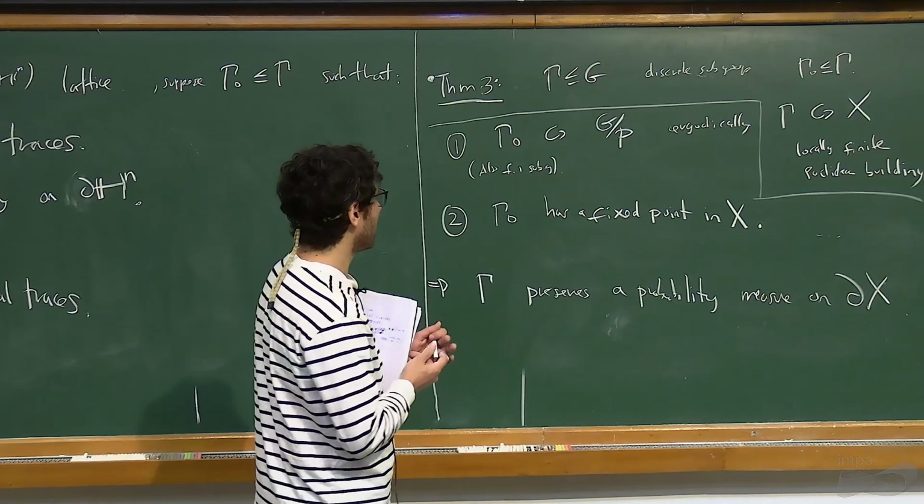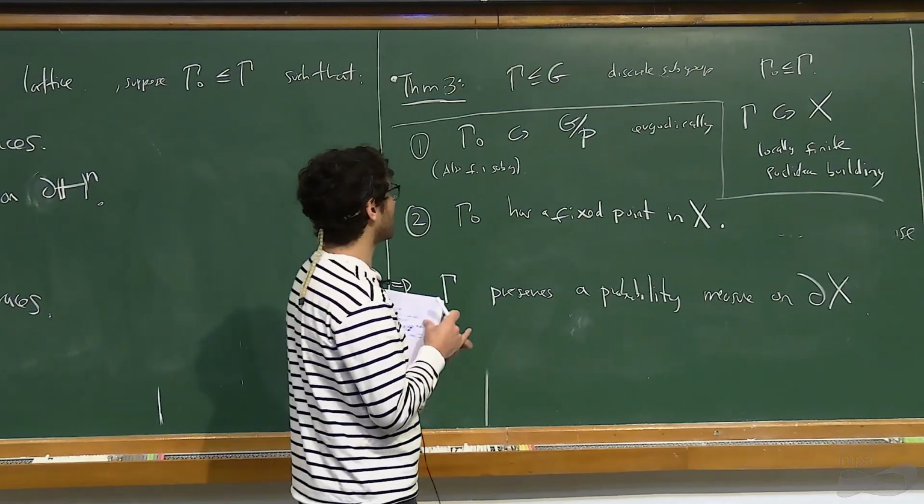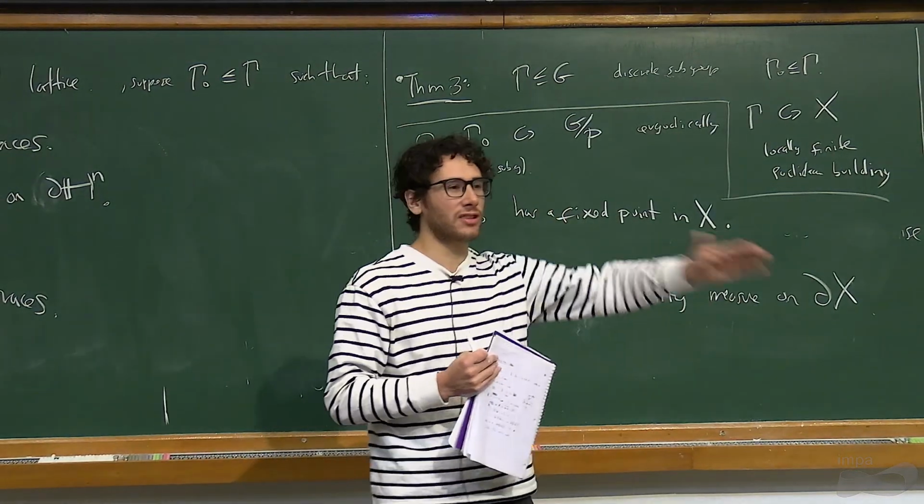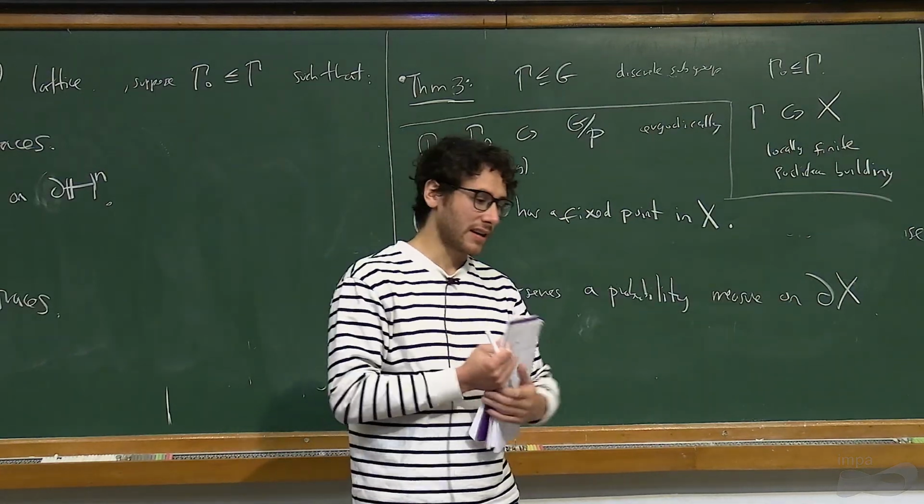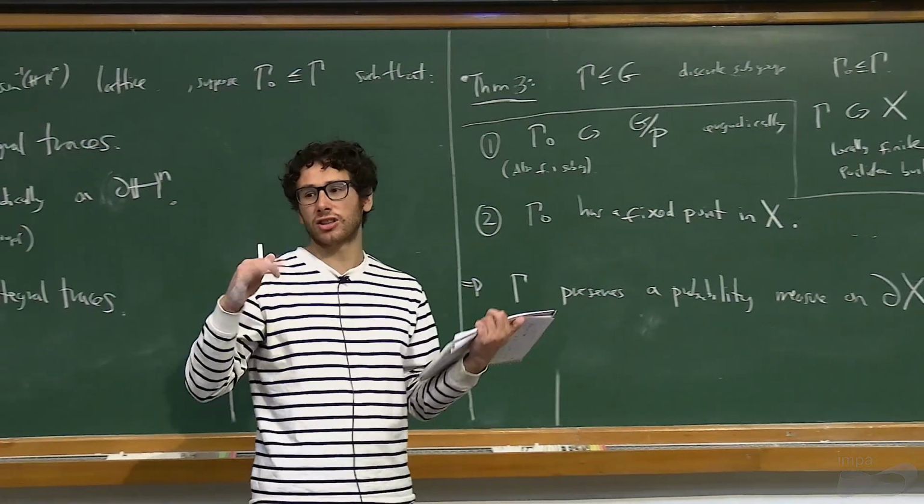For example, suppose gamma is a subgroup of SL2R times SL2R, but doesn't contain a diagonal subgroup, but an Anosov subgroup.